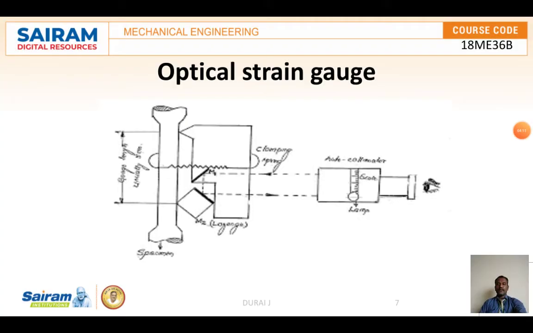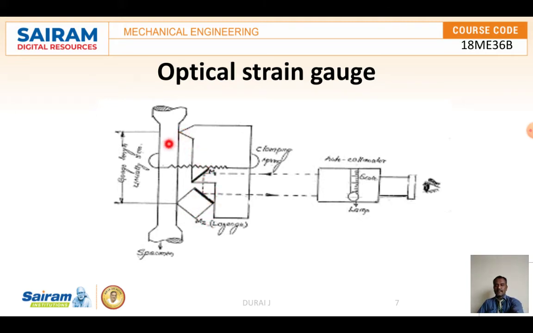Then we go on to the optical strain gauge. The most commonly used optical strain gauge is the Tuckerman strain gauge. It consists of an extensometer and an autocollimator, and it has lugs.